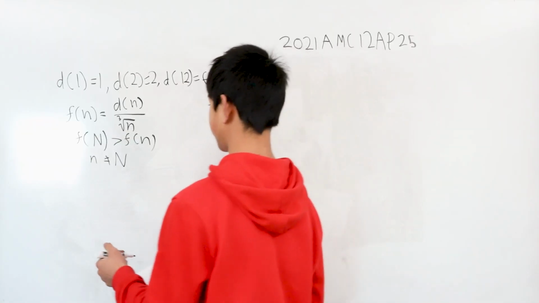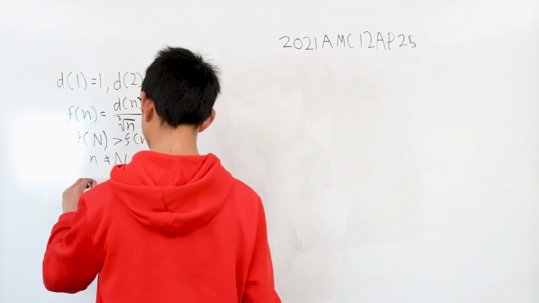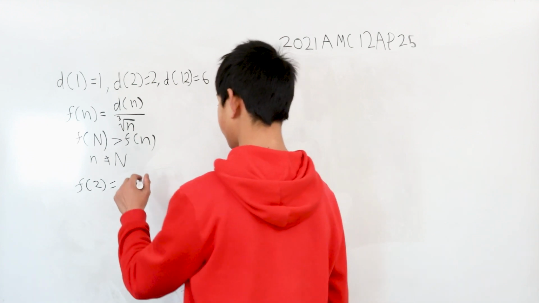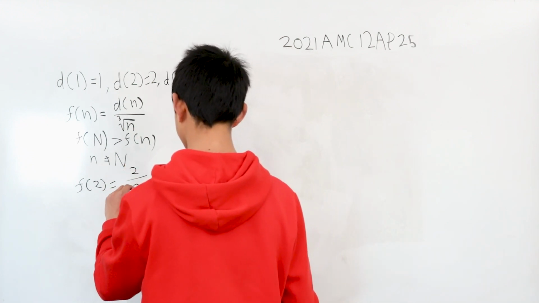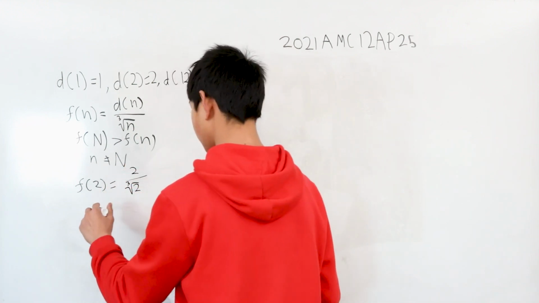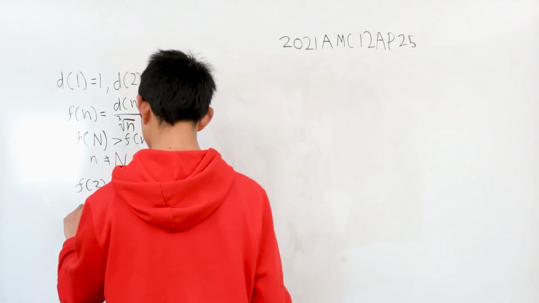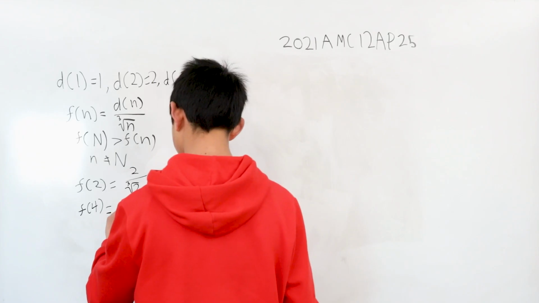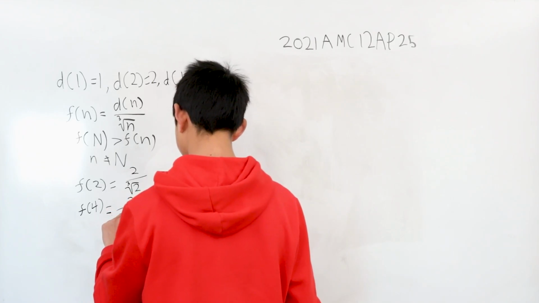Let's just try powers of 2. For f(2), the numerator is 2 factors, and then the cube root of 2 in the denominator. For f(4), we have 3 divided by the cube root of 4.